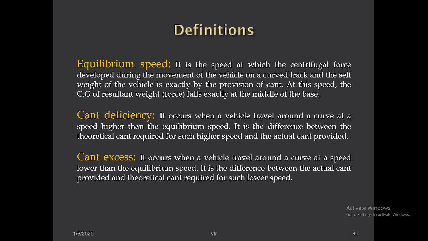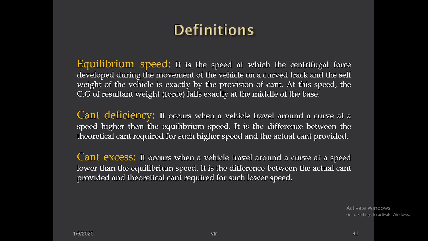Cant deficiency means when a train travels on a curve and the speed of the train is higher than the equilibrium speed. In this case, the difference between the theoretical cant required for such higher speed and the actual cant provided is the cant deficiency. Because we are calculating how much superelevation is required for the equilibrium for the particular speed, but we are not providing that much.